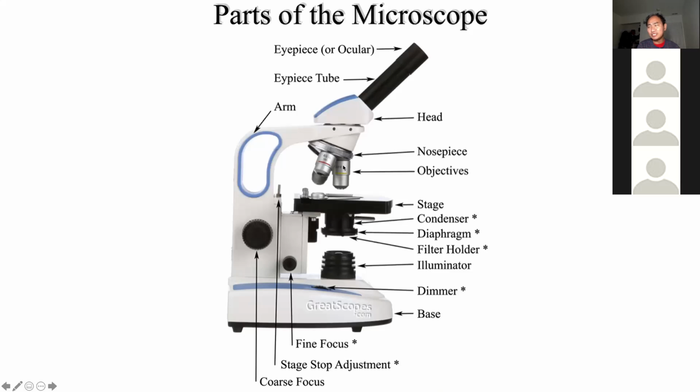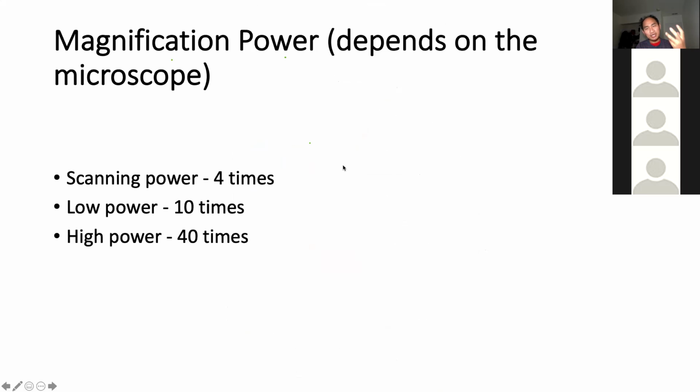So if you are using the scanning power lens, which itself is 4 times, and your eyepiece lens is 10 times, you are magnifying the structure you are looking at by 40 times. We always start with the scanning power lens, and we look around, just a bird's eye view.